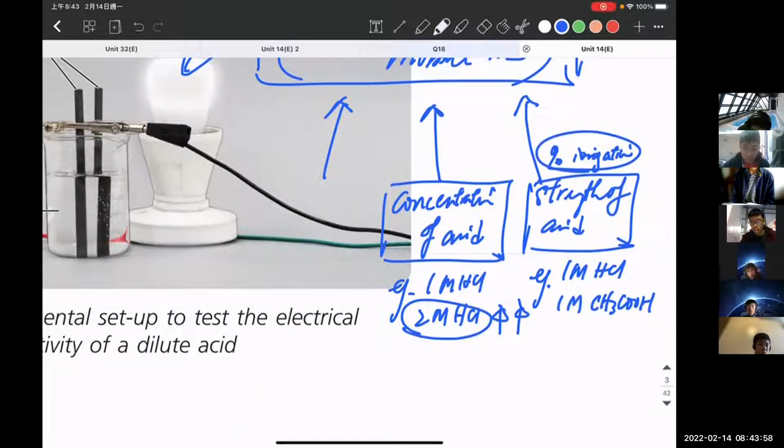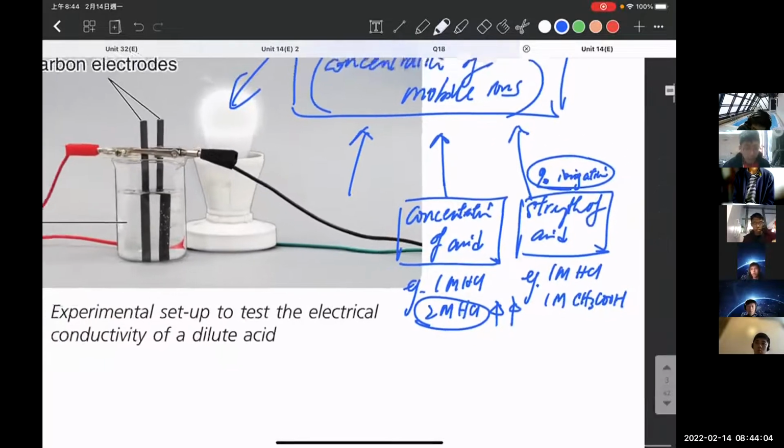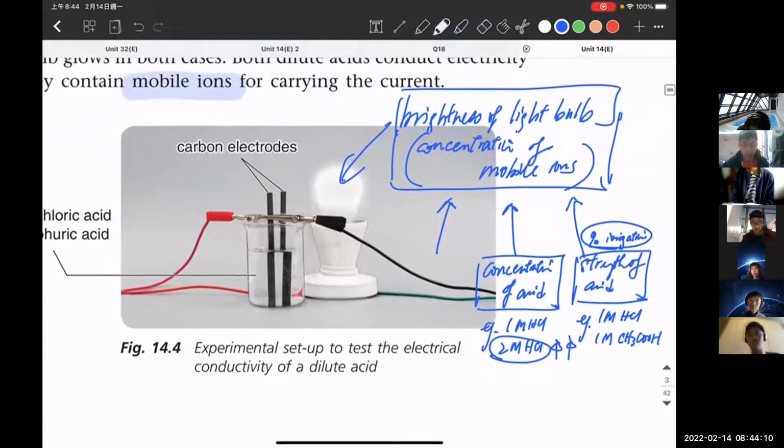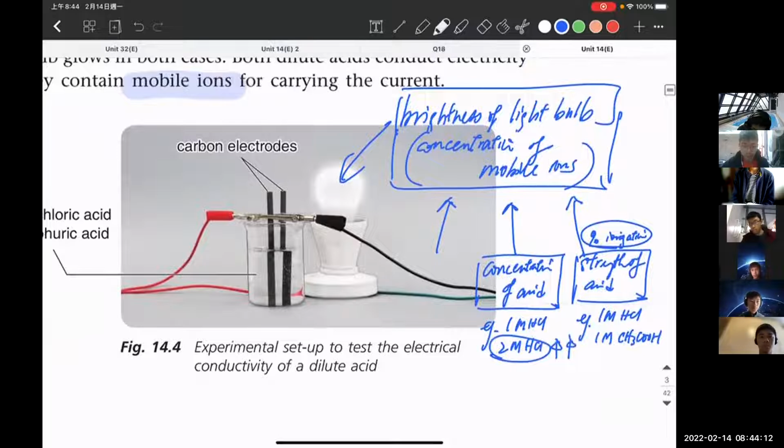If it is a stronger acid, it has a more complete ionization. If the ionization is more complete, the mobile ion concentration will become higher. So this is the answer. Please search for me which one is a stronger acid, and you may turn on the mic and tell me, or type it in the chat box. Let me know.